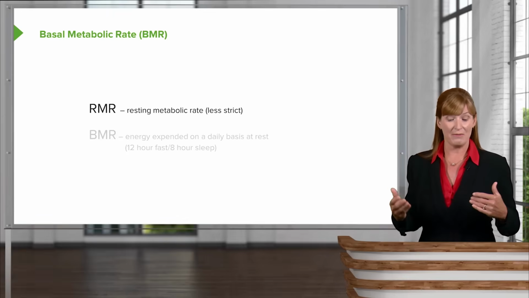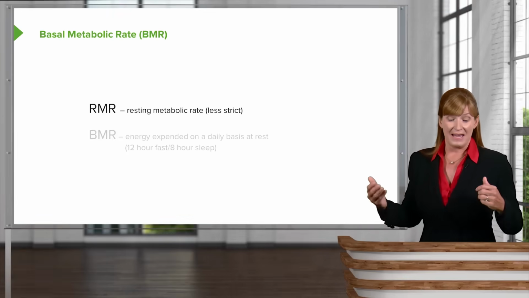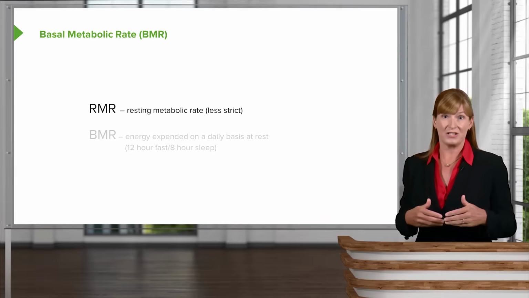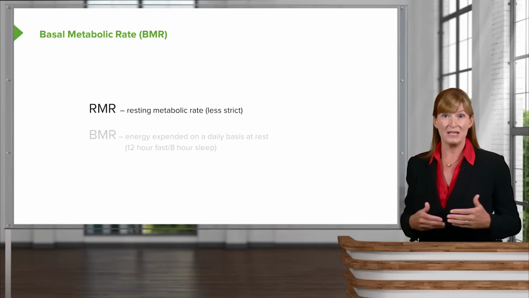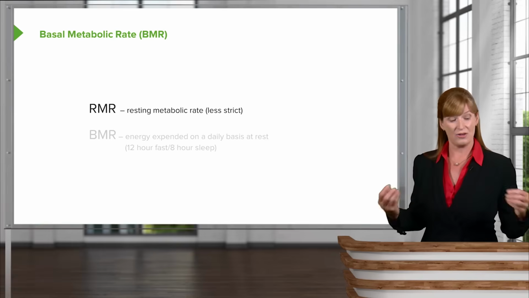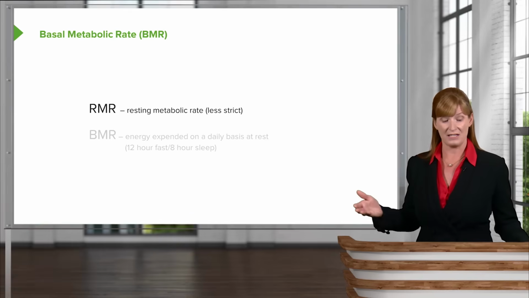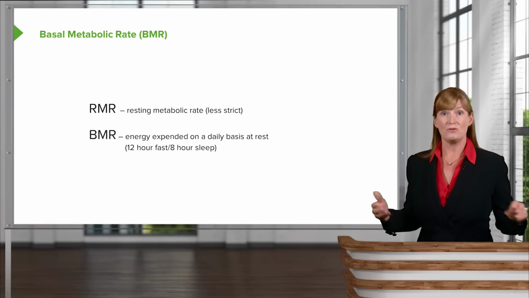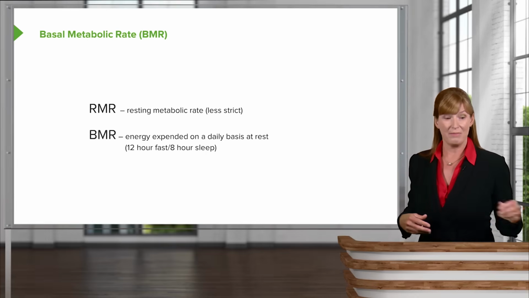Generally we use an equation to calculate our basal metabolic rate, but if we are going to do it very clinically, we would measure the VO2 at various times on various days. But again, we will generally use an equation to calculate basal metabolic rate.